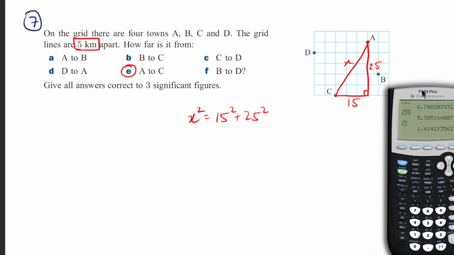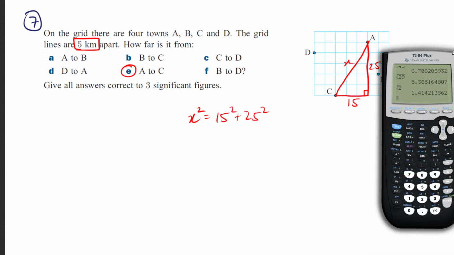So we need to do this calculation. Okay, and then it's square root of that, so it's square root of 850, which is 29.2, and that's in kilometers.